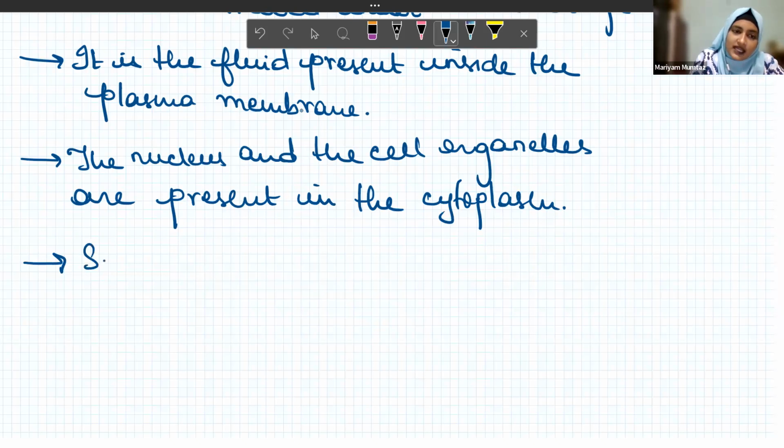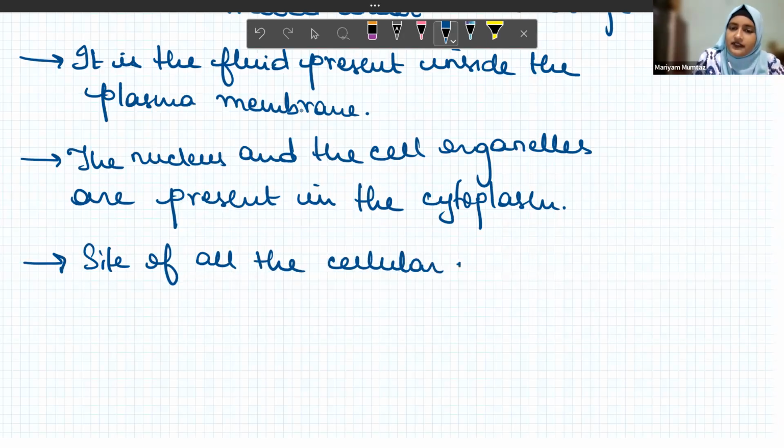Now, cytoplasm is the site of all the cellular activities, meaning the activities that are taking place inside the cell. All those activities, the cytoplasm is the site for that.